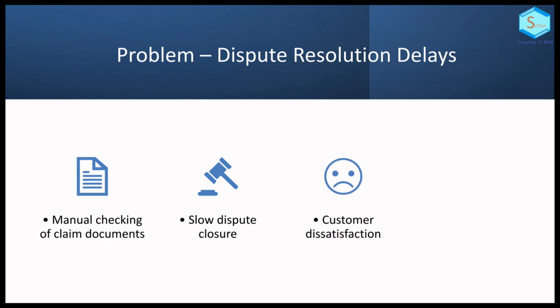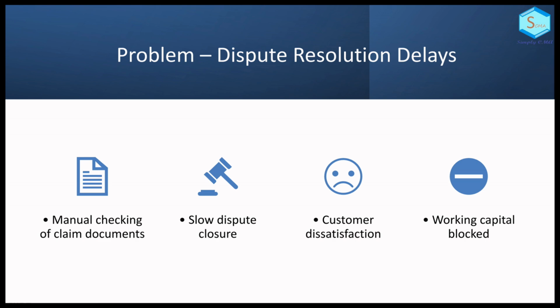Disputes can arise due to mismatches in pricing, quantity, and delivery. When a dispute is raised, the deduction team manually reviews the emails, invoices, and documents. This makes resolution slow and frustrating for both businesses and customers. It also ties up working capital while the issue is resolved. Working capital is blocked because of this.